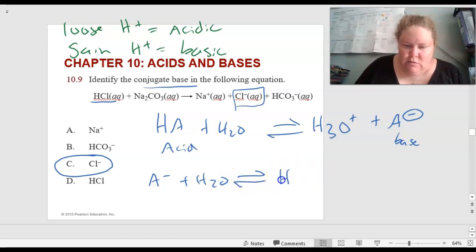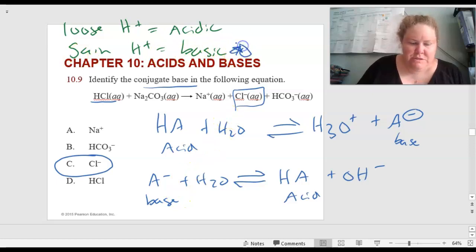When those combine, you would end up with HA plus OH−. So your HA would be your acid, your A− would be your base. Your base is going to be gaining that hydrogen. So again, the correct answer is chlorine.